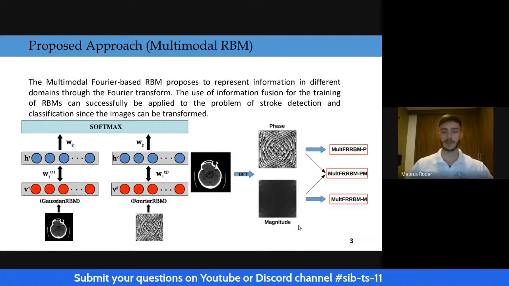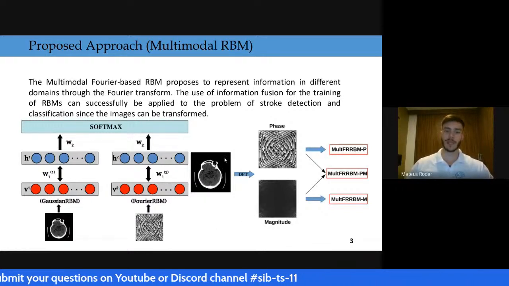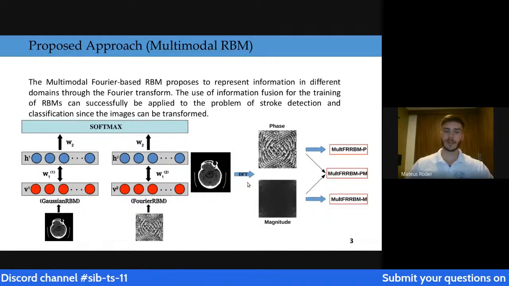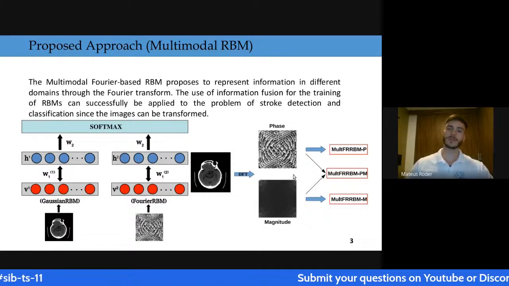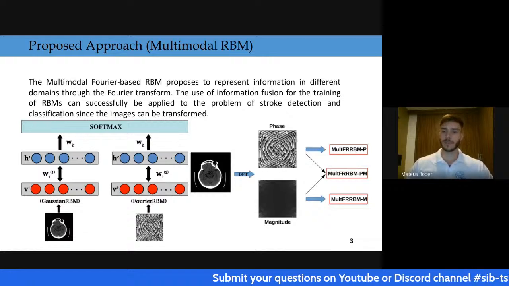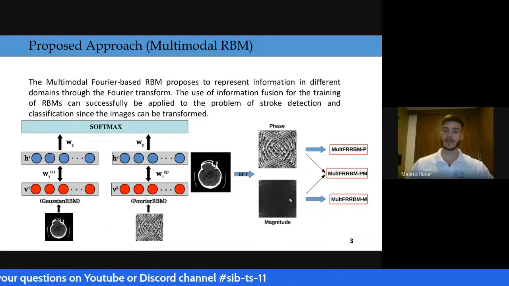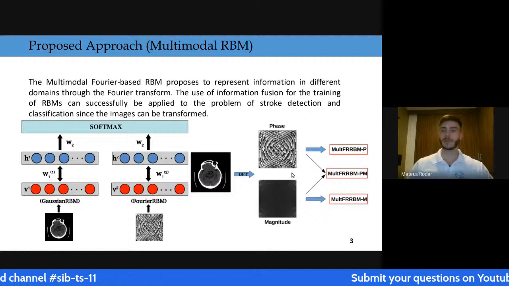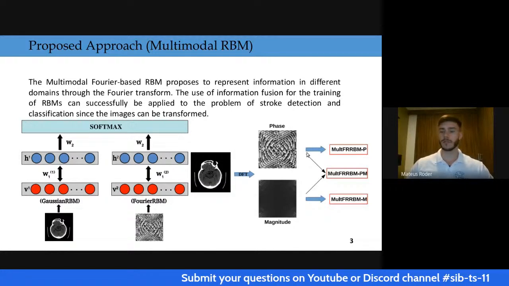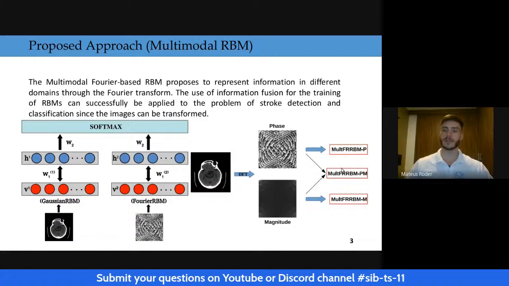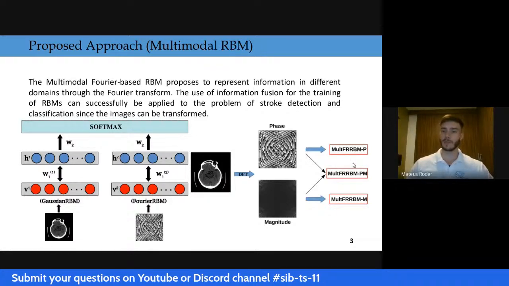On the right image, we have the same CT image from the brain, to which we can apply the discrete Fourier transform to capture the phase angle and the magnitude from the Fourier transform. These 2 new images are used to feed the new networks, the multi-Fourier-based RBMs.